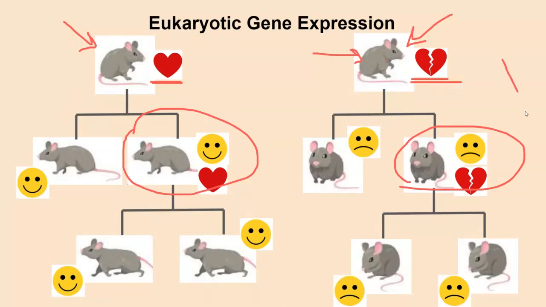So we have 3 generations from grandmother to granddaughter mouse. We have 3 generations of maladjusted pups who don't respond well to stress. And this is due to their epigenetic inheritance. They did inherit the same genes, but they did not inherit the same behaviors.